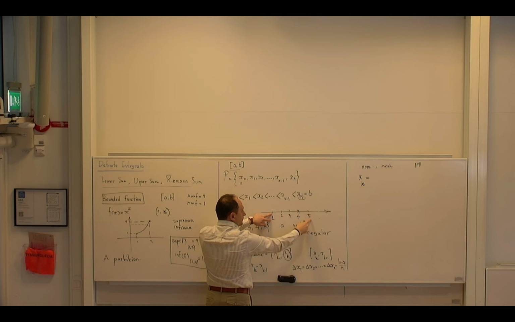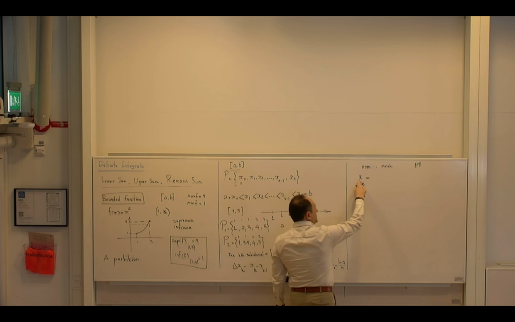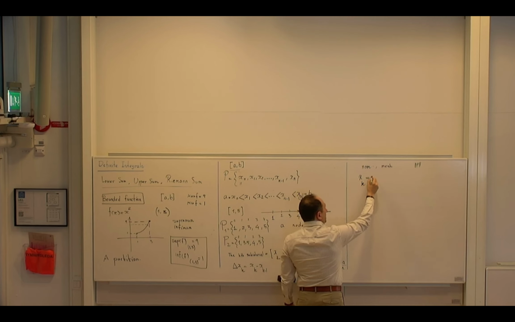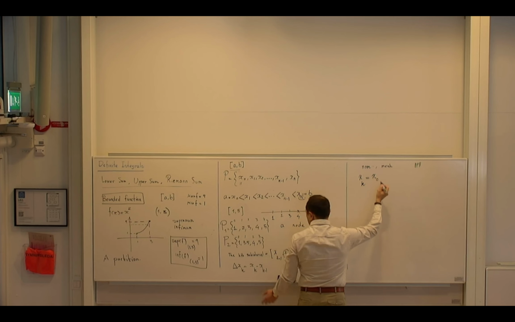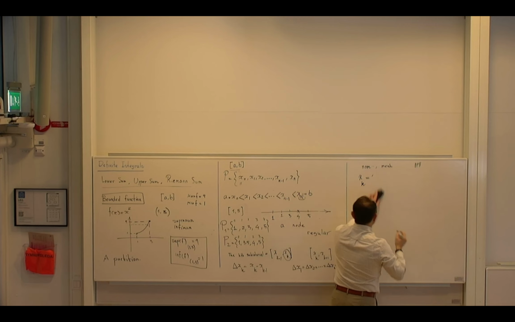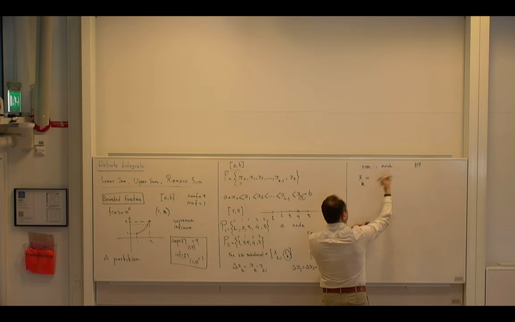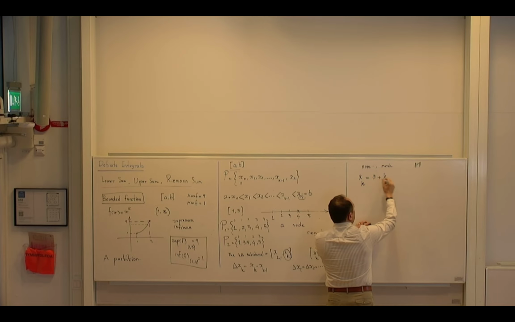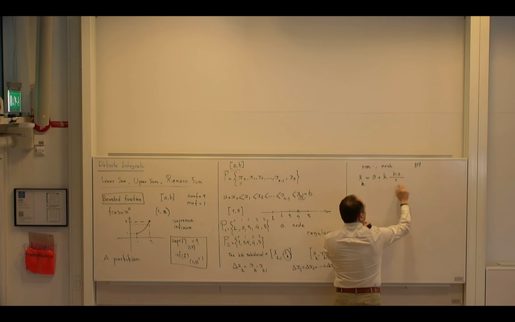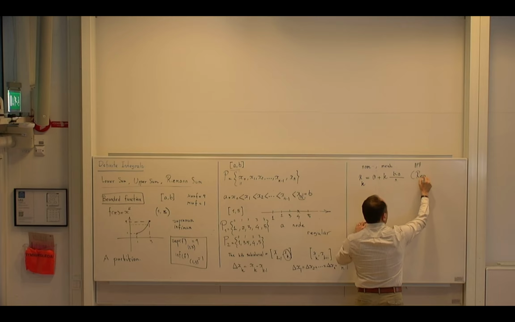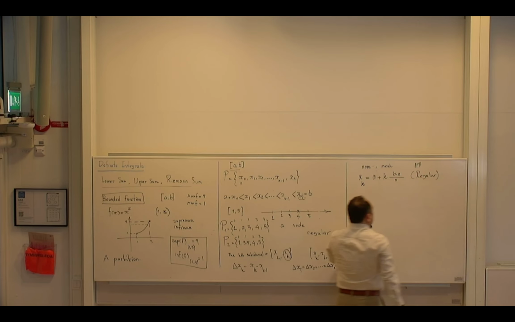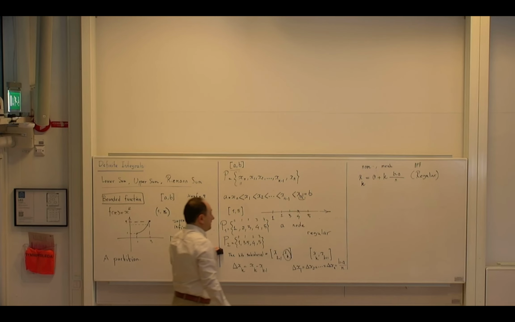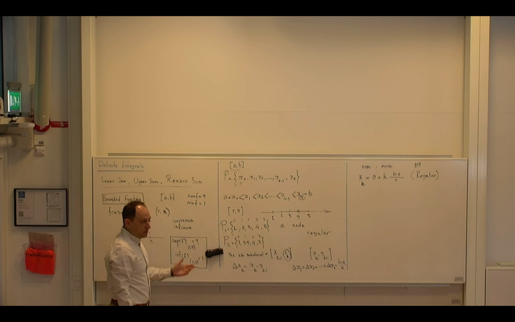So if I want to reach x_k, the node number k, I start from node 0, which is a by definition, and then how many intervals do I add to it? k intervals I add, but because this is only for regular partitions, the length is (b minus a) over n. Only for regular partitions. Okay? Is that understandable?